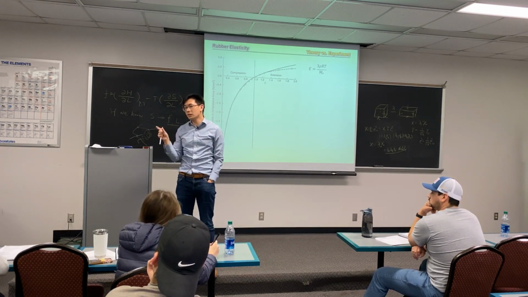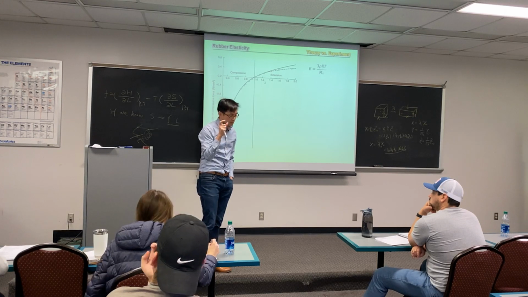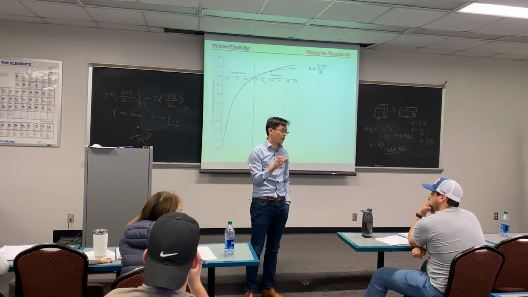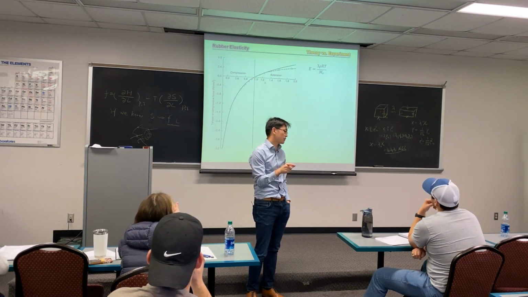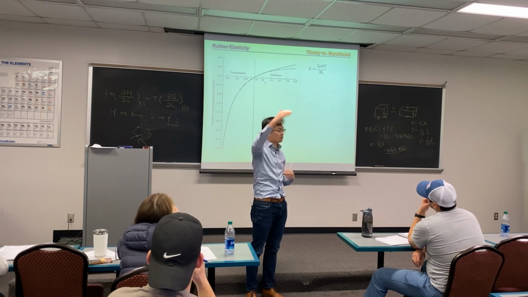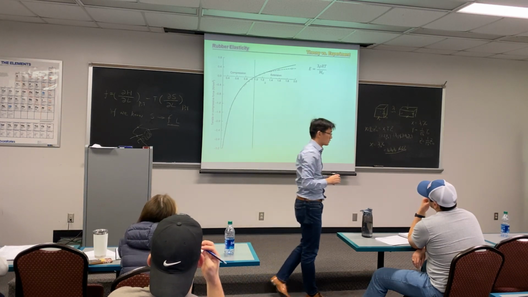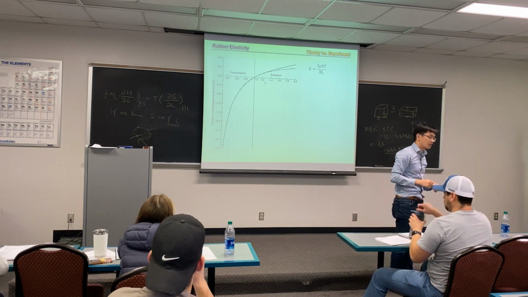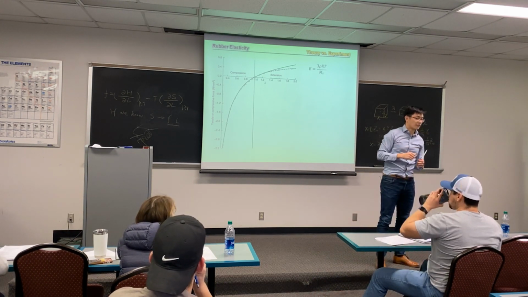Typically the molecular weight between the cross-link points is about a few kilodaltons, a few thousand grams per mole. Your polymer will be much longer than that for an elastomer. Natural rubber can be hundreds or thousands of kilodaltons.